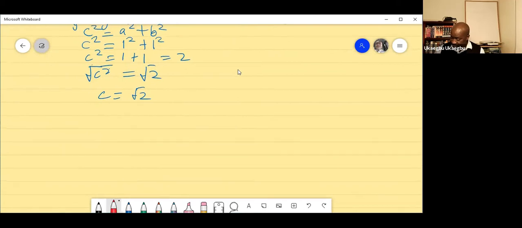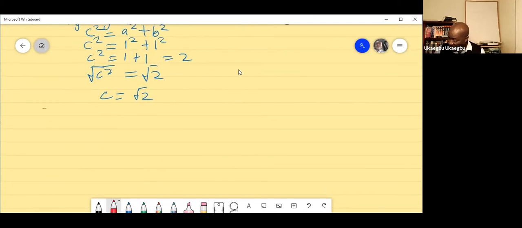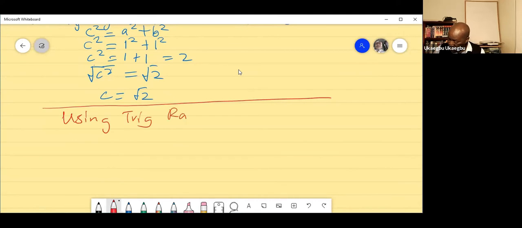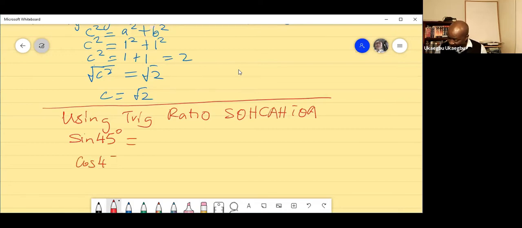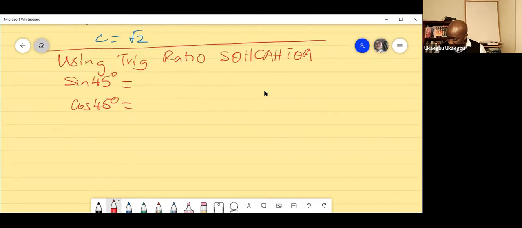And let's see. So using trig ratio SOHCAHTOA, you can't go wrong with SOHCAHTOA. That's fundamental. You must remember it. If you cannot remember SOHCAHTOA, there's no way you can pass trigonometry. So now we are trying to find out sine 45 degree equal to, then cos 45 degree equal to, and then tangent 45 degree equal to.